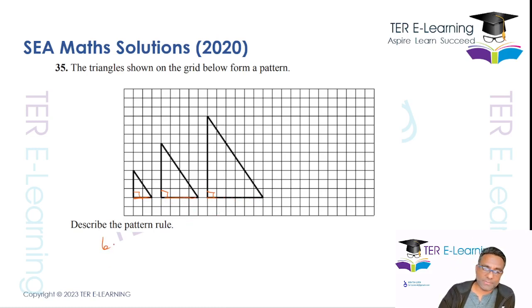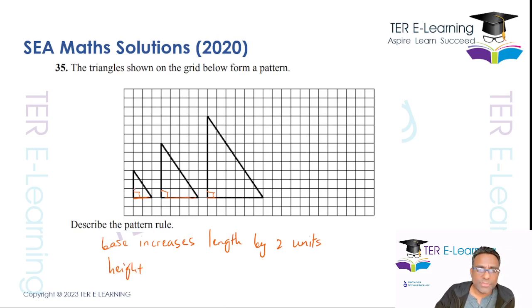So the base length increases by 2 units as you move from one pattern to the next. Then in terms of the height, we need to see what's happening. This height here is 3 units, and then we go to 6, and then 1, 2, 3, 4, 5, 6, 7, 8, 9.